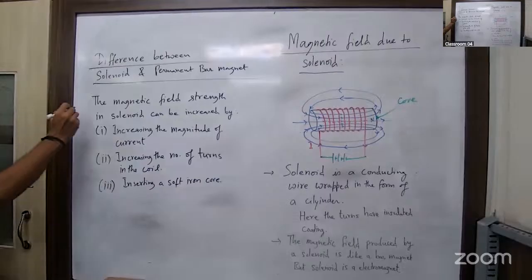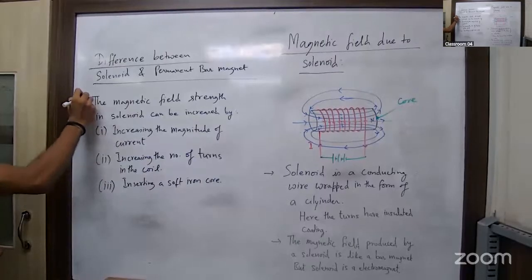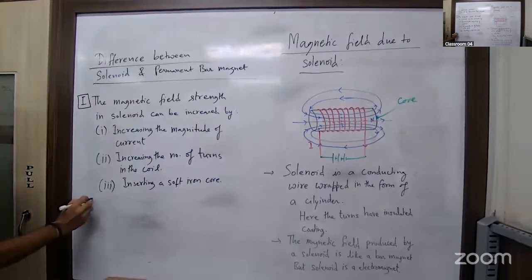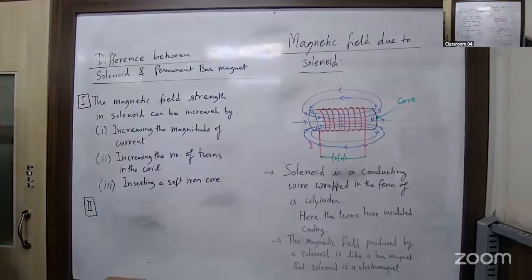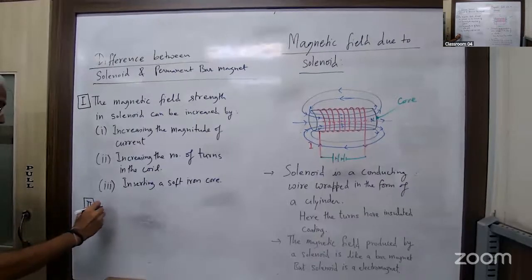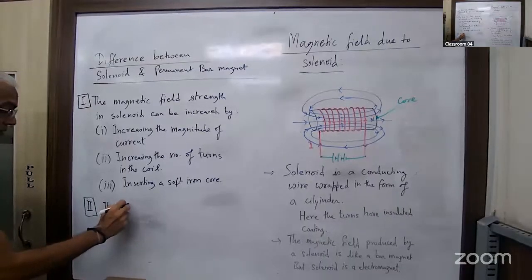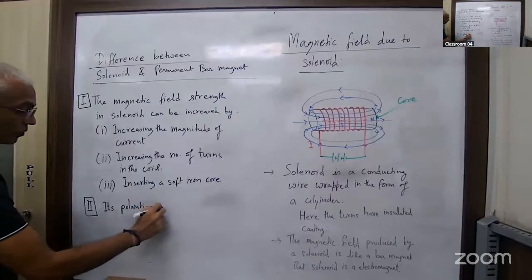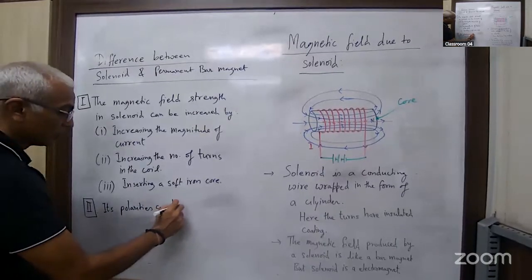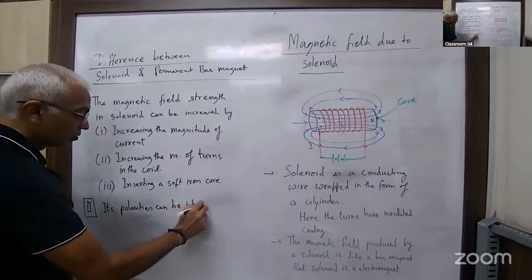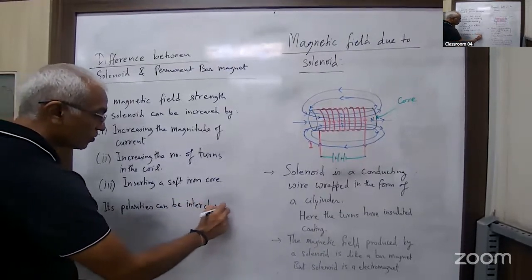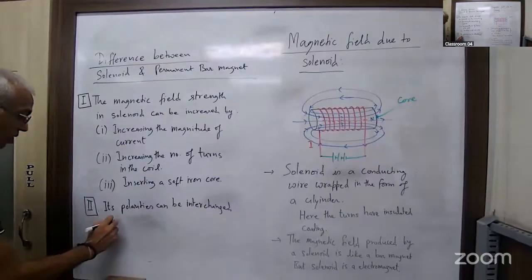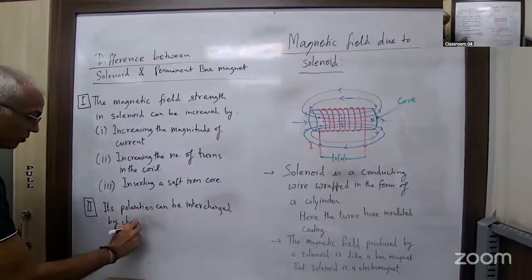So this is the first difference. What is the second difference? Its polarities can be interchanged by changing the direction of current.